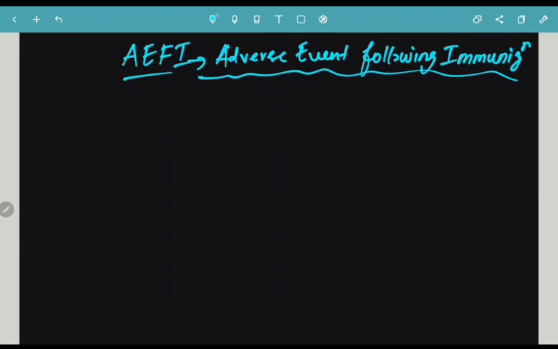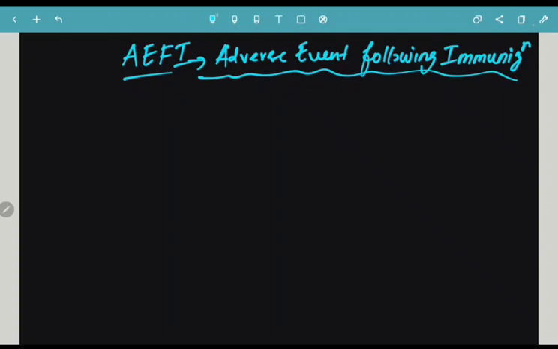Let's look at the definition first. The definition of adverse event following immunization is any untoward medical occurrence which follows immunization and which does not necessarily have a causal relationship with the usage of the vaccine.